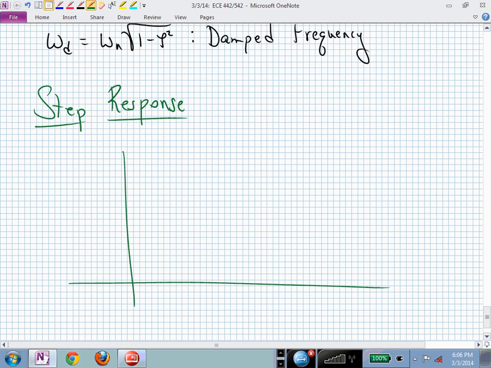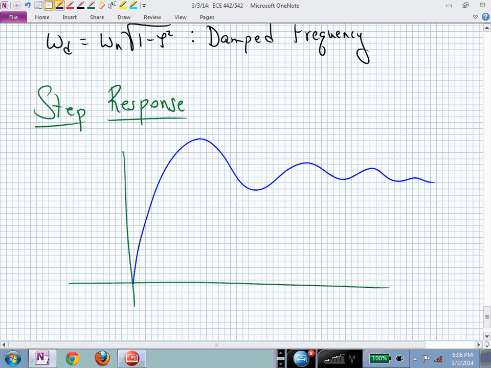I probably should have made that larger, but that's what we now have. We basically hit it with a step, and depending on how much or how little damping there is, this is going to peak a lot or not very much in this underdamped behavior.